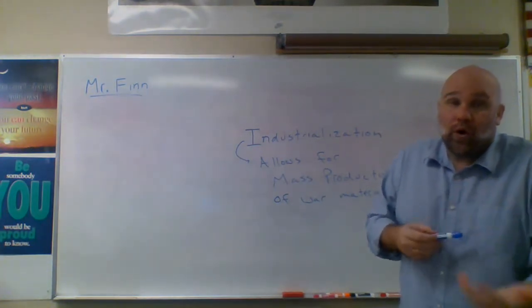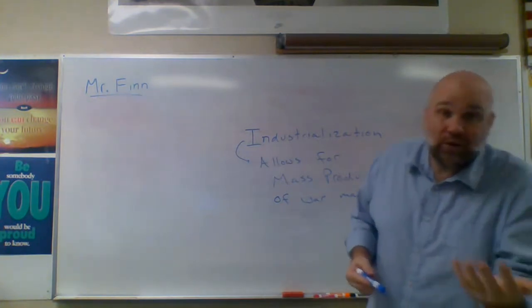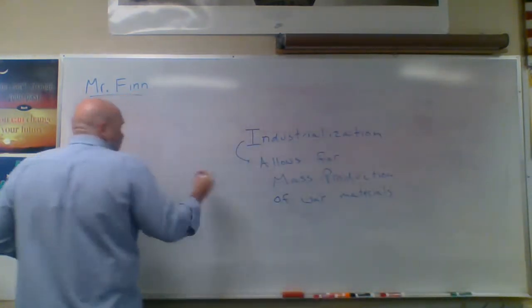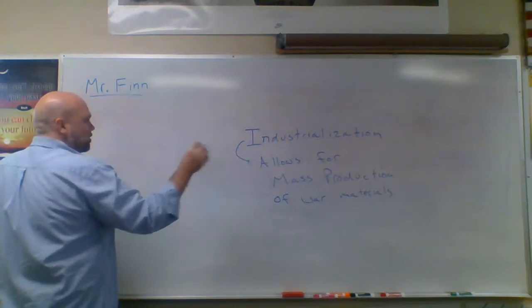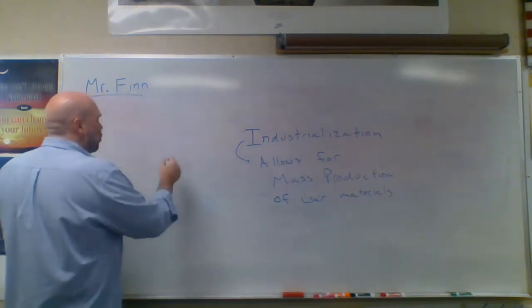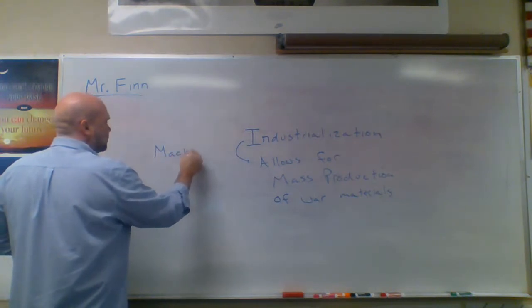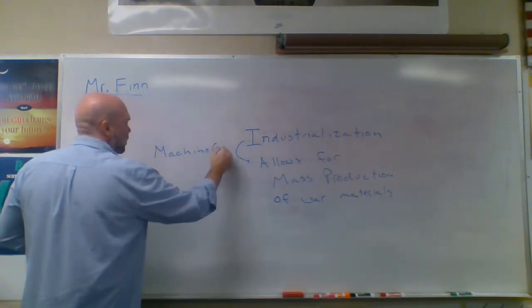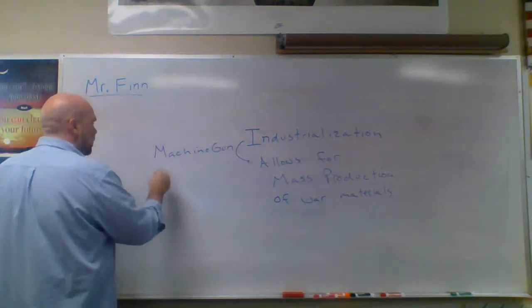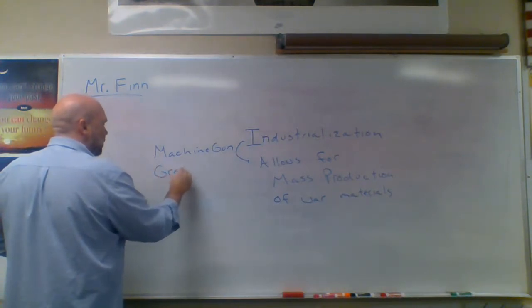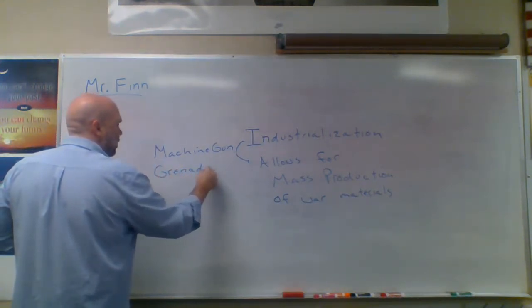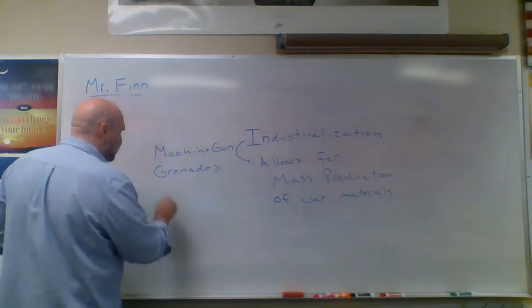So one of those things is going to be war materials. Now, let me tell you some of these. These war materials that are going to aid in World War I being so ugly are going to be the machine gun, which I mentioned. We start to see grenades.